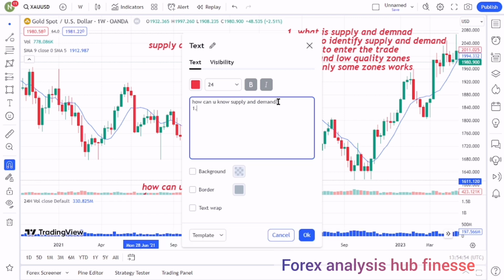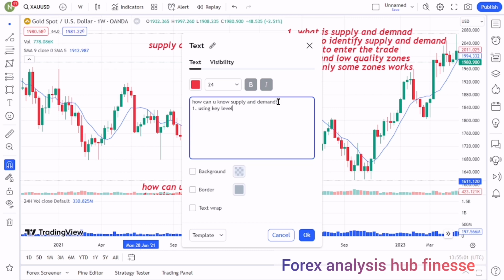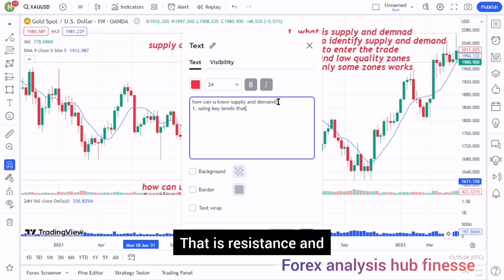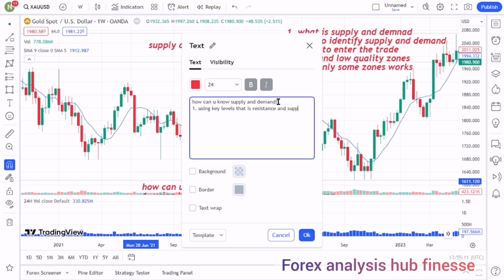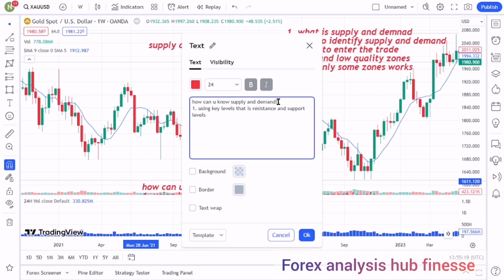The first is using key levels, that is resistance and support levels. That is where you can know if it's a supply or a demand.